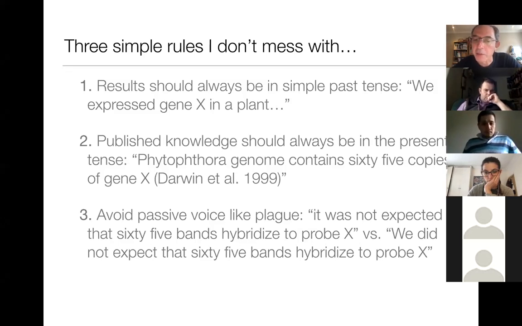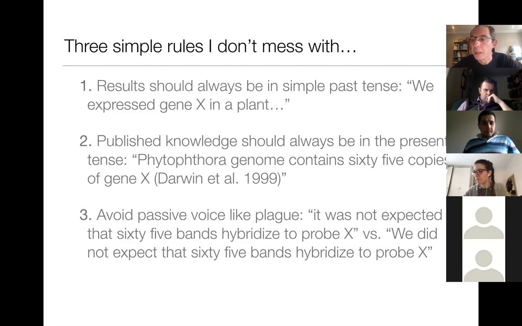The reason why the passive voice is not appropriate, in my opinion, for scientific writing is because the passive voice is by definition ambiguous. We don't know what was expected. What does it mean? It was not expected that 65 bands hybridized to probe X. Who did not expect that? Is that based on another paper? Is that based on your opinion?